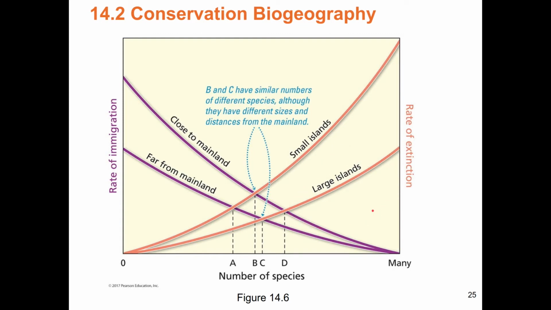So if you had a park that held 10 species and you put a road in and you cut it in half, you don't have the same park. You now have two areas that are half the size.